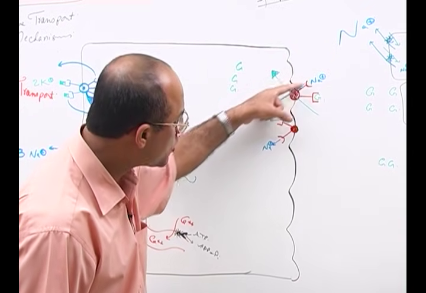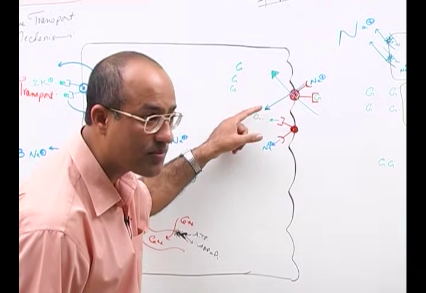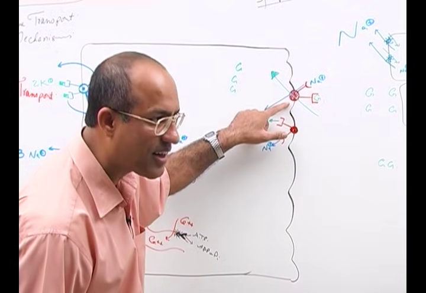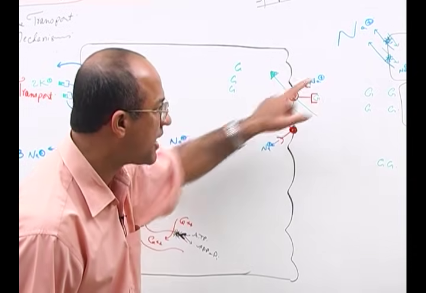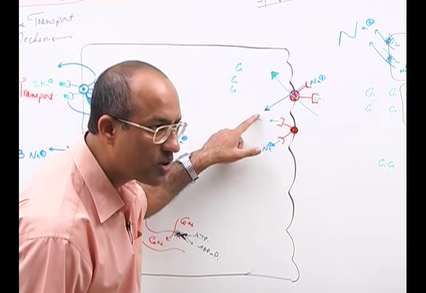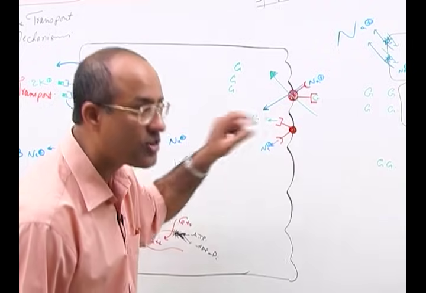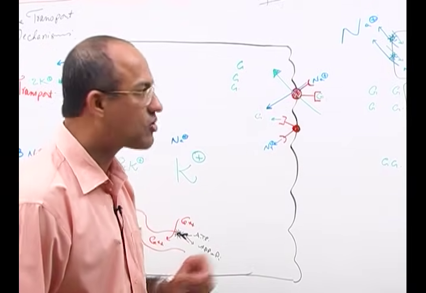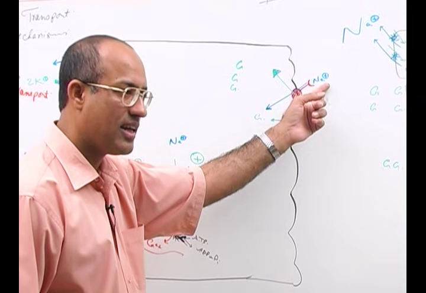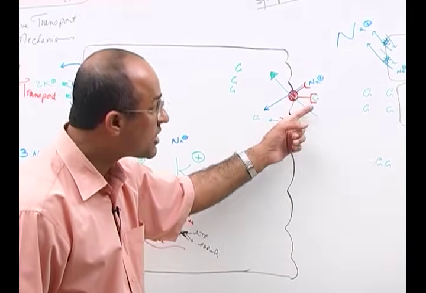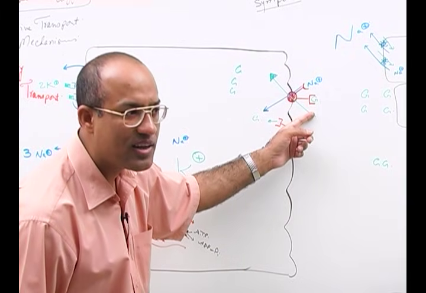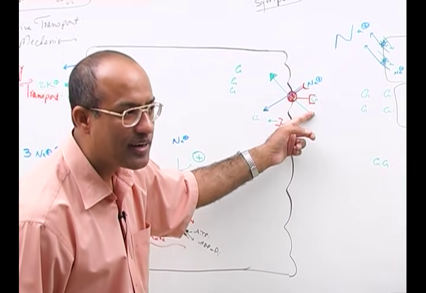So the substance which is going down the concentration gradient is sodium, and presence of this carrier has facilitated the diffusion of sodium from high concentration to low concentration. So we'll say sodium glucose co-transporter is transporting the sodium as an example of facilitated diffusion, and transporting the glucose as an example of active transport.